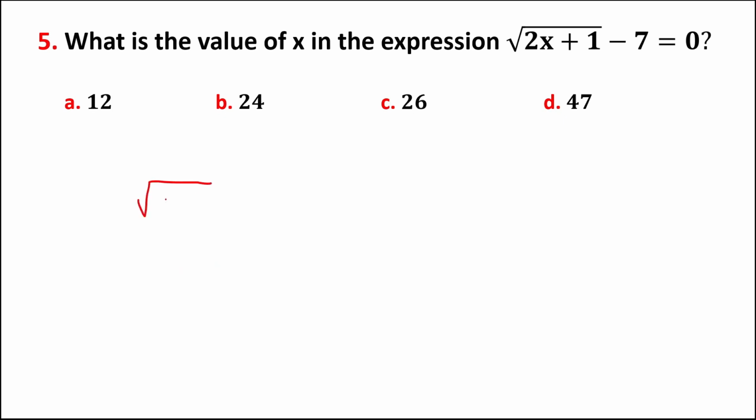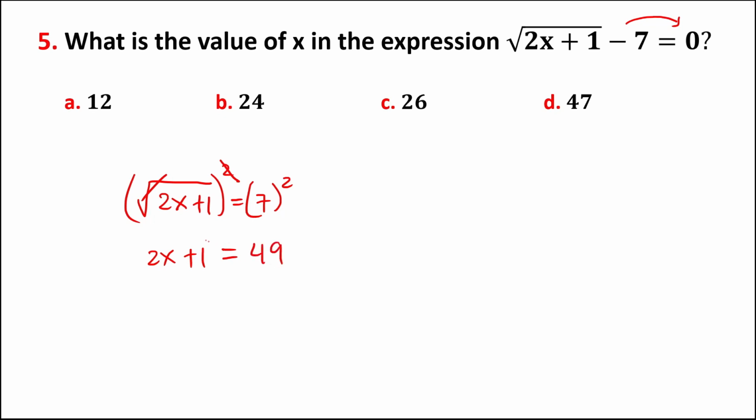So from the given square root of 2x plus 1 minus 7, transpose this negative 7, this becomes positive 7. Then to simplify, we need to square both sides to omit this radical, so this becomes 2x plus 1 equals 7 squared, this is 49.